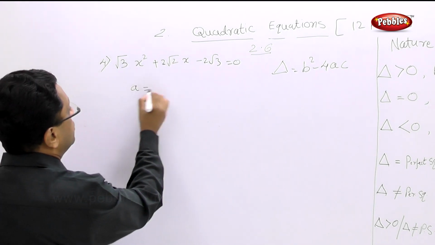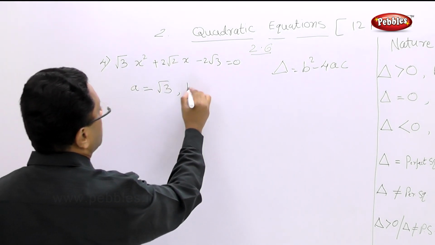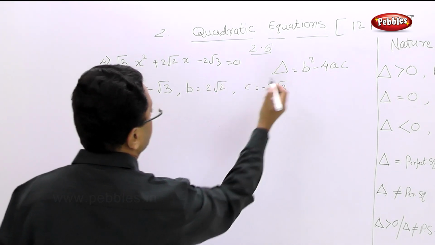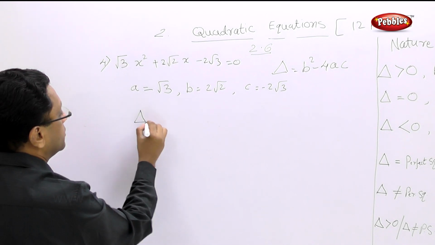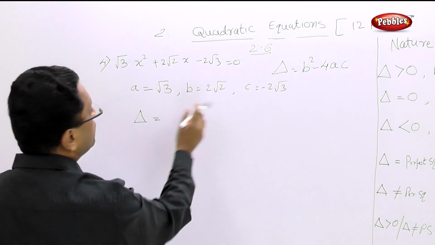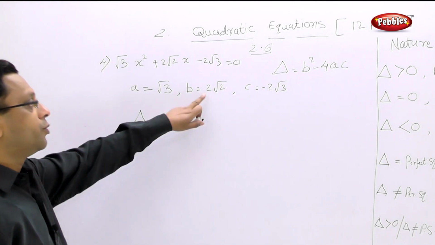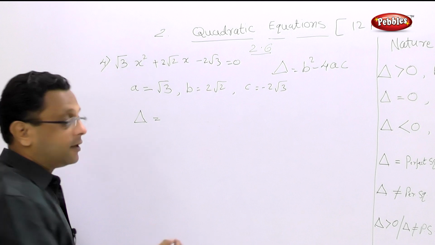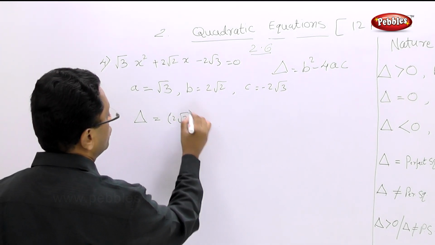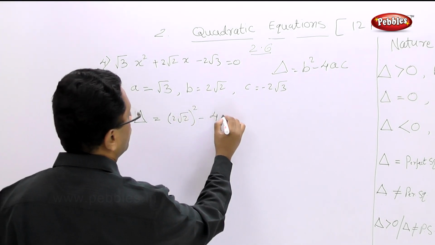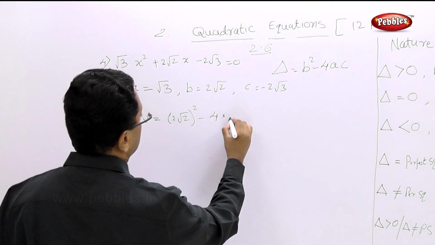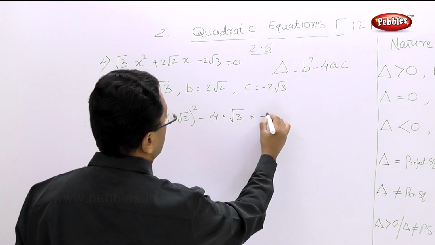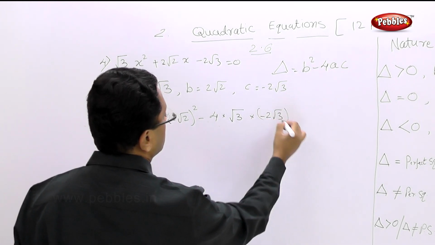So we get a is equal to √3, b is equal to 2 root 2 and c is equal to minus 2 root 3. So what will be our delta is b square, that is 2 root 2 square, minus 4 into ac, that is √3 into minus 2 root 3.